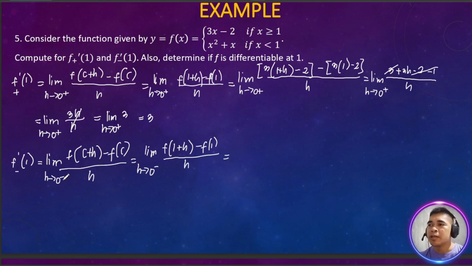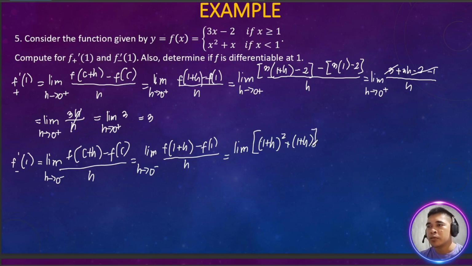Since we have from the left of 1, we are going to use x squared plus x for this one, so 1 plus h. So we get the limit where we replace x with 1 plus h: the square of 1 plus h, plus 1 plus h.